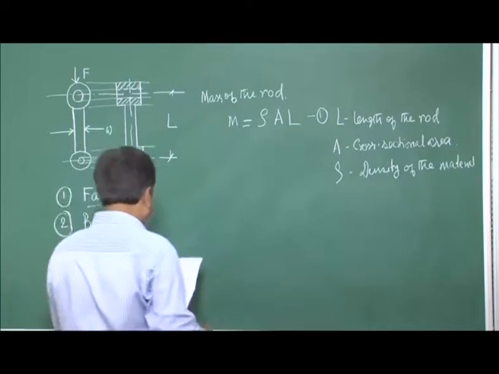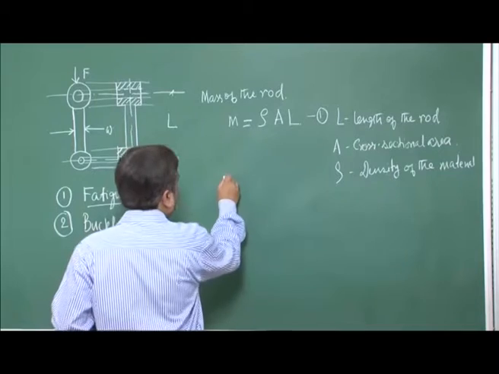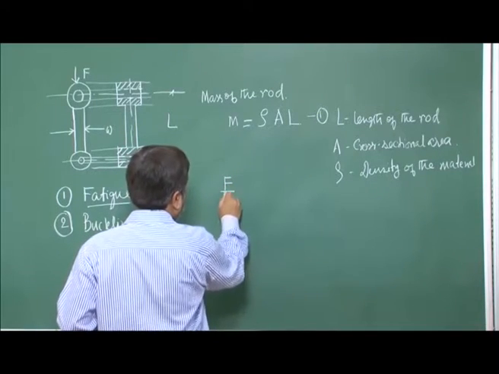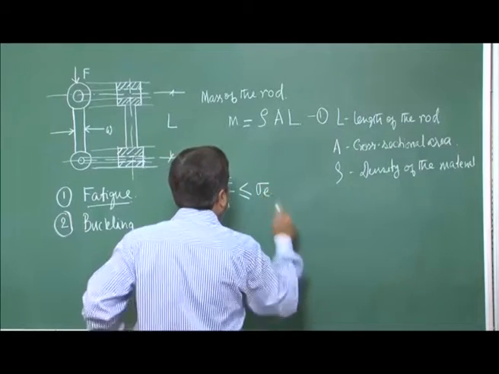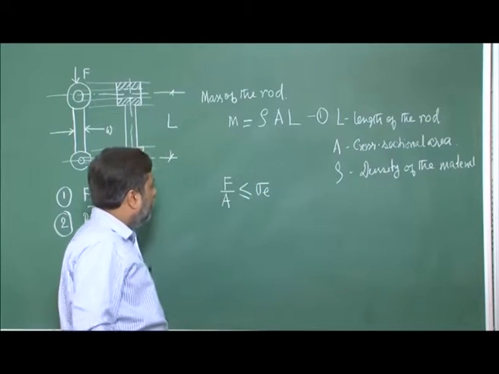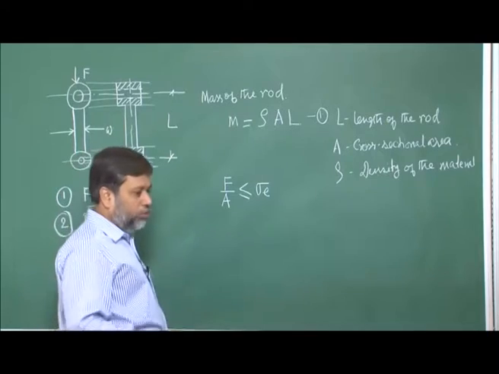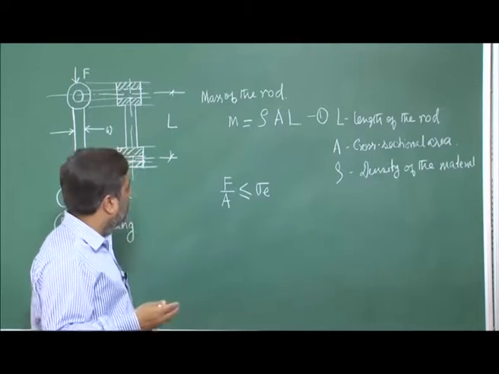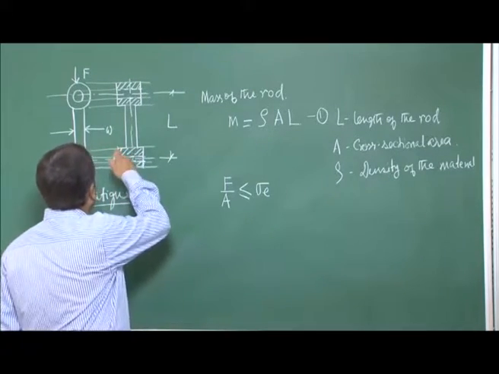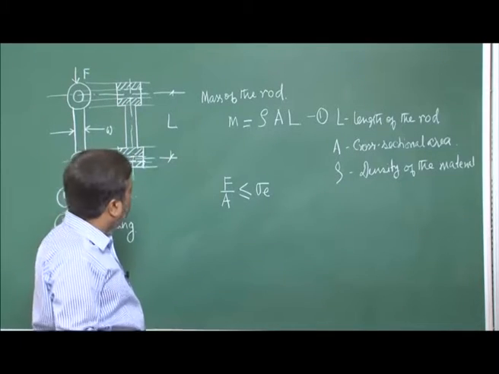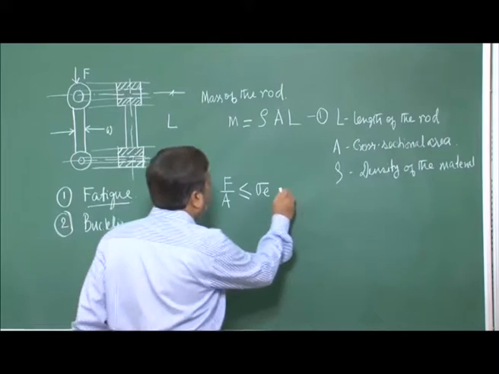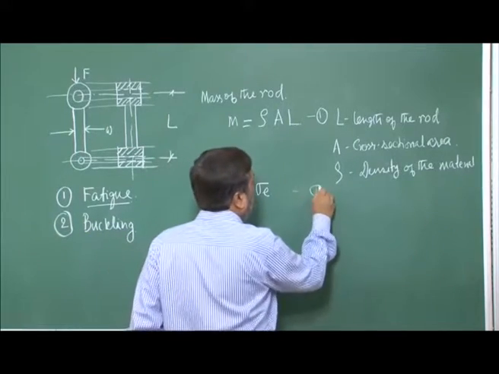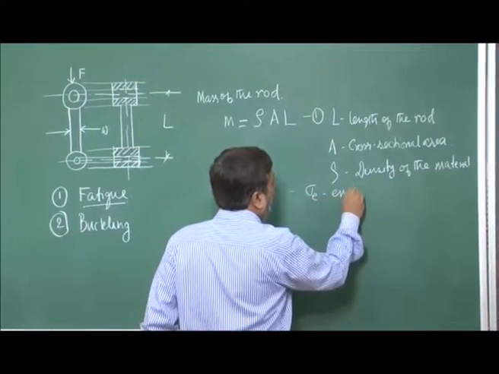From the fatigue point of view, F over A has to be less than or equal to sigma E. That means the maximum stress that will be happening on the connecting rod has to be less than the endurance stress. Sigma E is actually called the endurance stress.